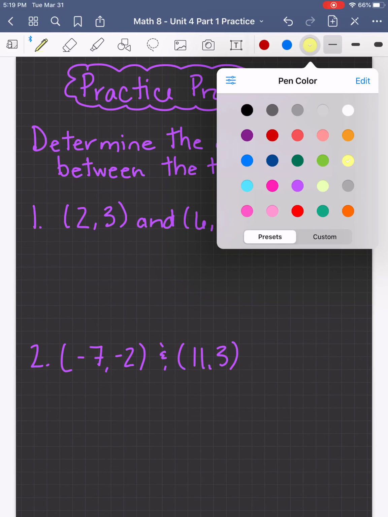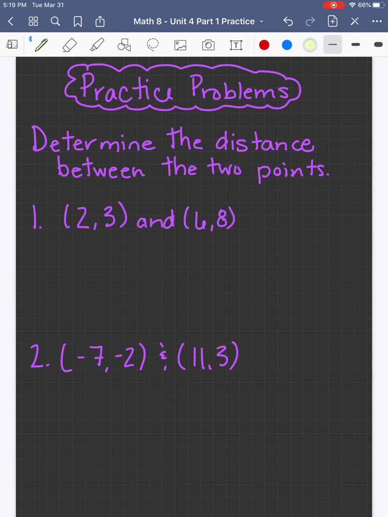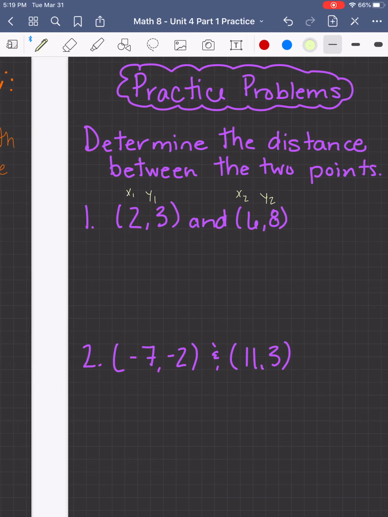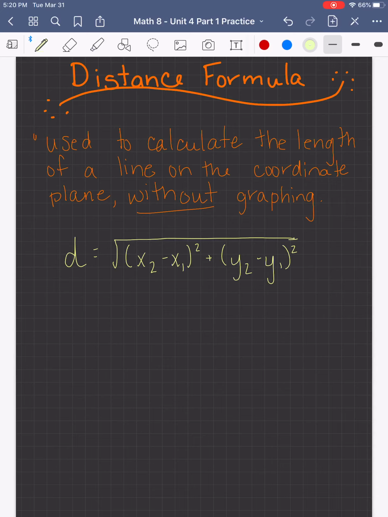Let's take a look at some practice problems. Okay, so if we have these 2 points, this is set 1, so we'll label this x1 and y1, and we'll label this x2 and y2. If you haven't finished copying down from this page, then you probably want to pause and copy it down.